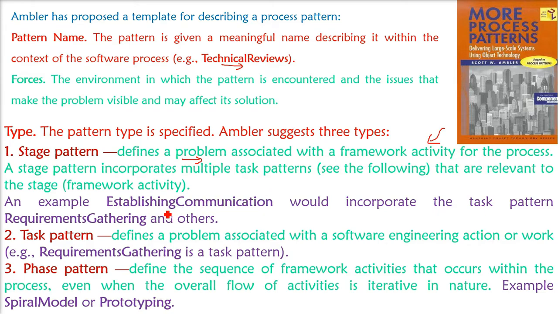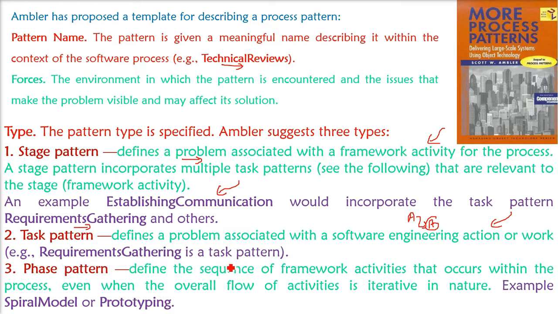I'll give an example. For example, we have establishing communication, right? Now this will encompass the task pattern. What is that? Requirement gathering. What about task pattern? This is defining a problem which is associated with a certain action or work, that is software engineering action or work. For example, requirement gathering is a task pattern.